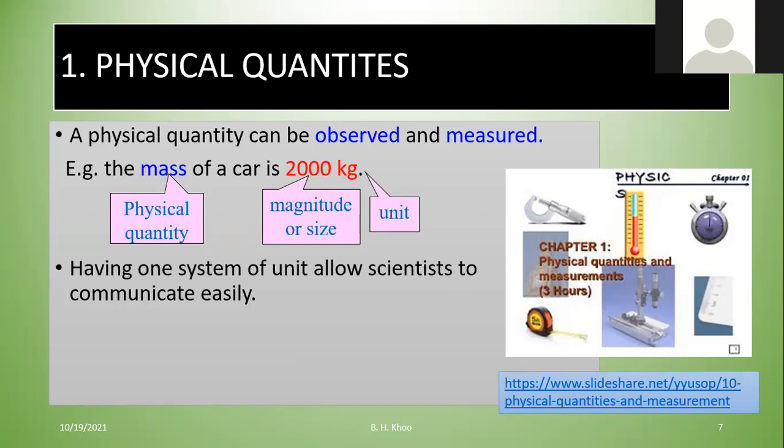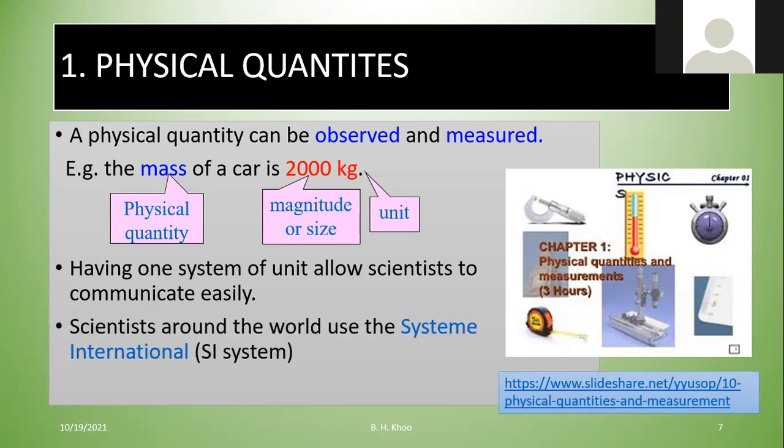Right? Scientists use SI units to communicate with each other rather than converting units. Of course, there are certain countries like America and Brunei. Right? Very few countries still use the old foot, pound, catty, all that.